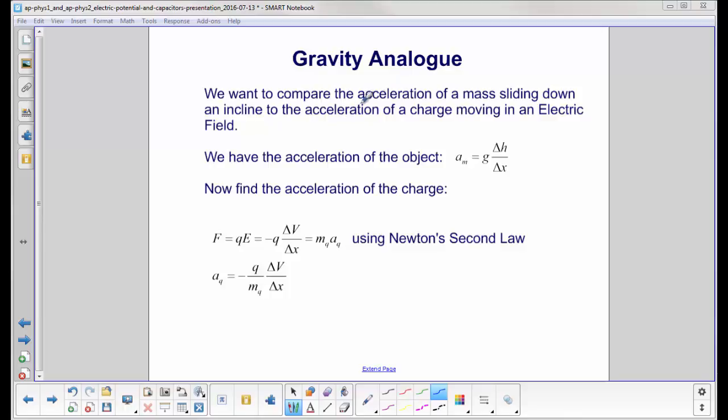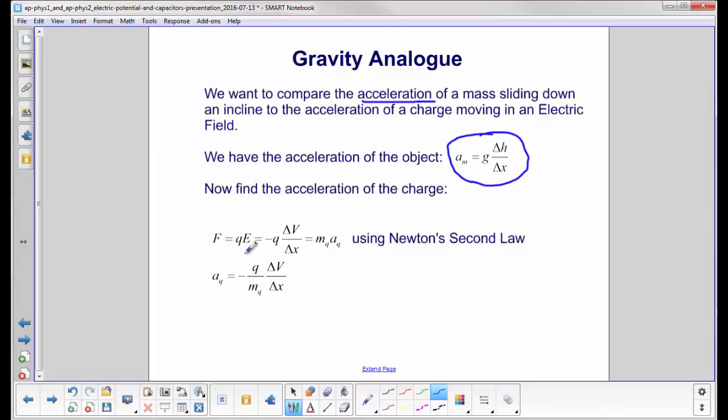We want to compare the acceleration of a mass sliding down an incline, and the incline kind of represents the electric field, to the acceleration of a charge moving in an electric field. We already have the acceleration of the mass. Now we want to find the acceleration of the charge. We will use force equals qE.